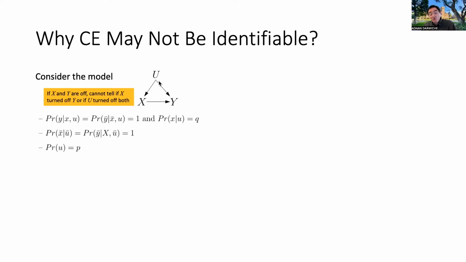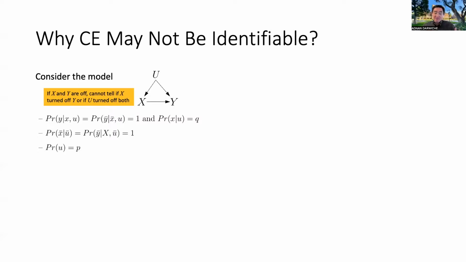Now, if U was on, you know that it was X that turned off Y, because in that case, Y follows X. But if U was off in that case, then we know that that is what caused both X and Y to take that particular value. So we're trying to create an ambiguity about causation. Now you're going to see it vividly next when we keep going on.